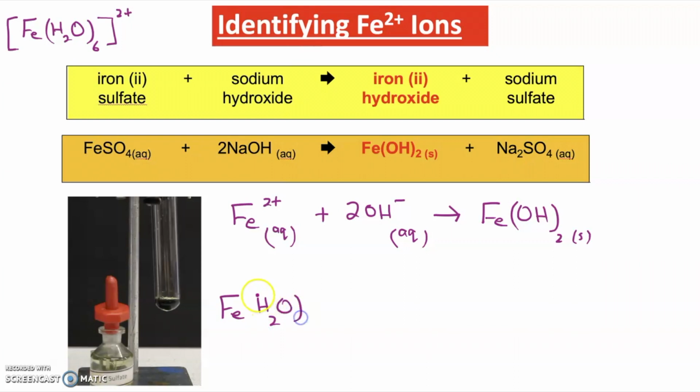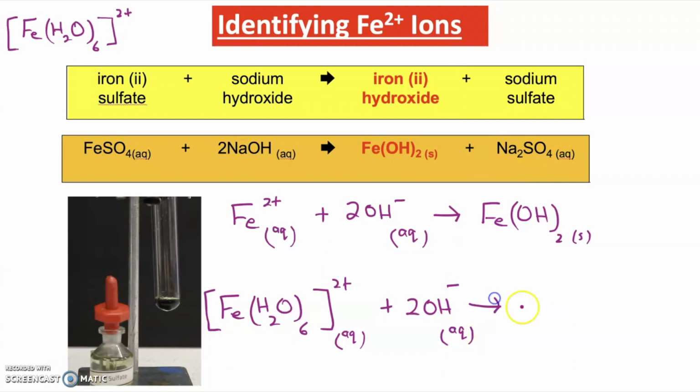Now the alternative way of writing the ionic equation is to use the complex ion here. So we have [Fe(H2O)6]2+, which would be aqueous, and this would react with 2 OH- ions, also aqueous because we're adding two solutions together, and we would form Fe(OH)2(H2O)4.